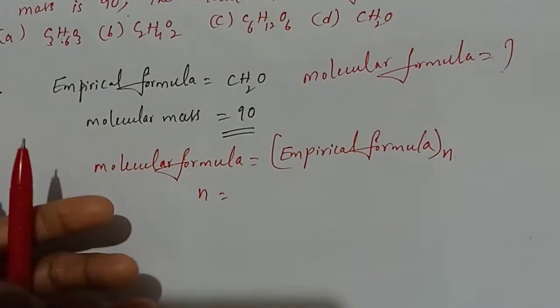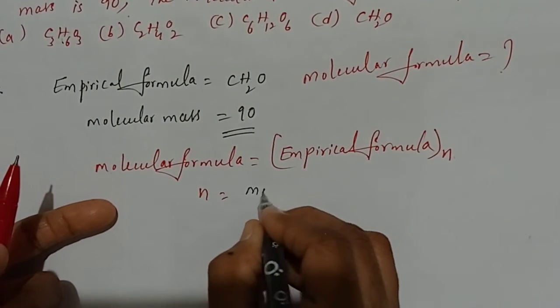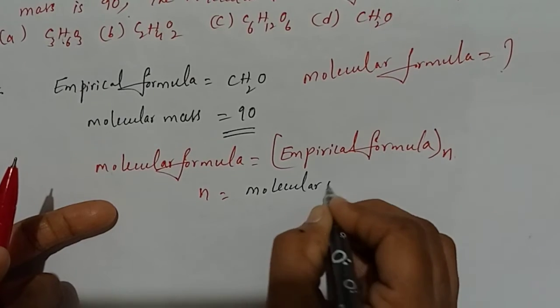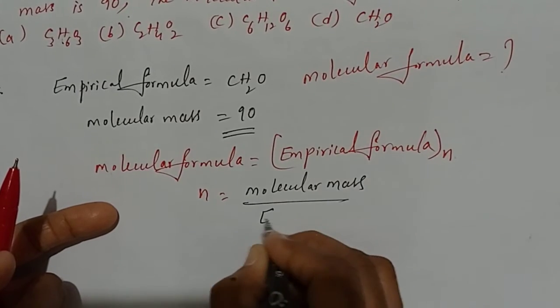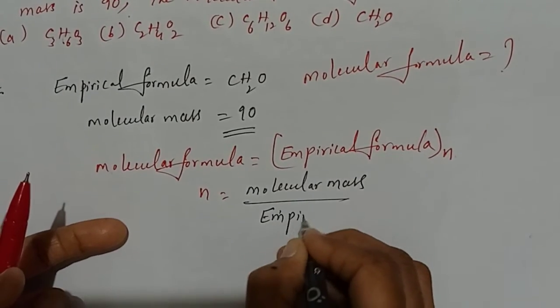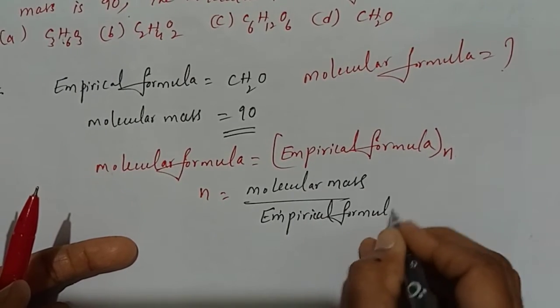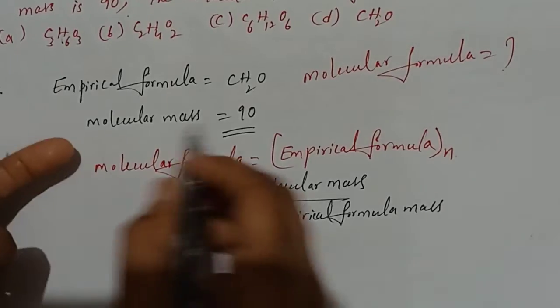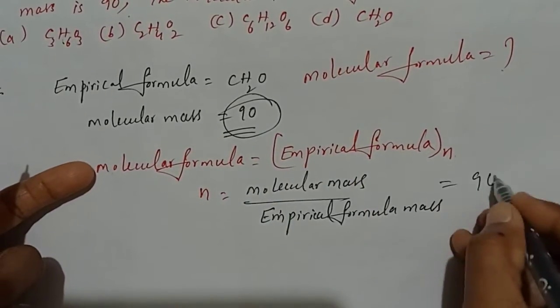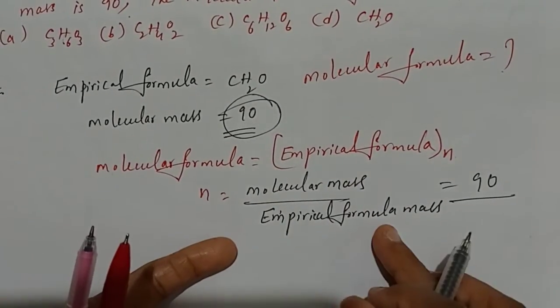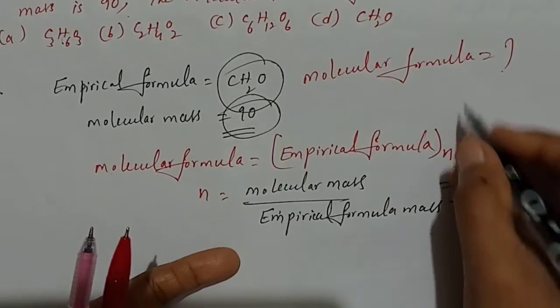N is equal to molecular mass by empirical formula mass. Molecular mass is already given, 90, by empirical formula mass. The empirical formula is also given, CH2O.